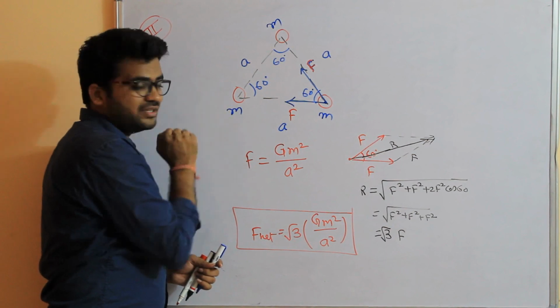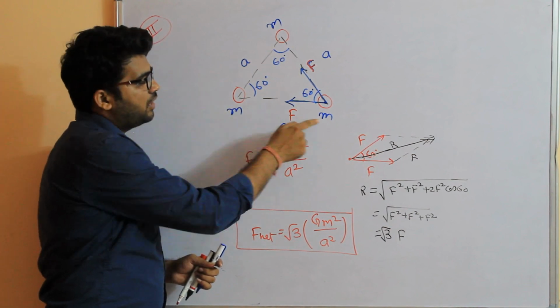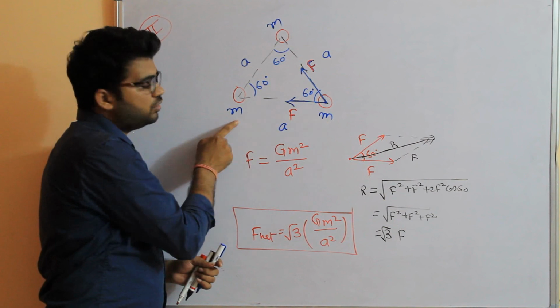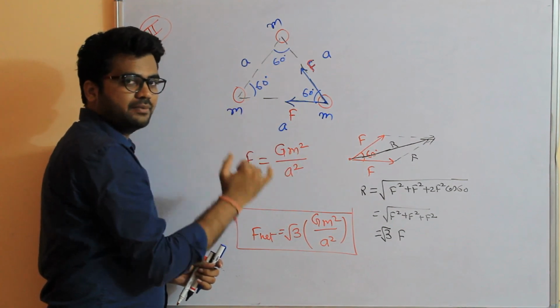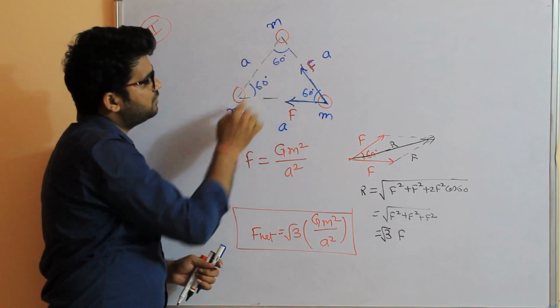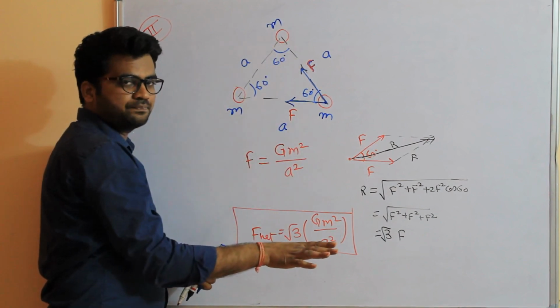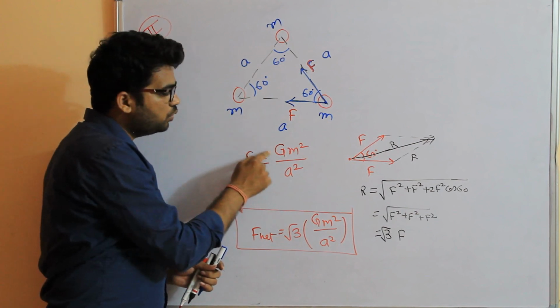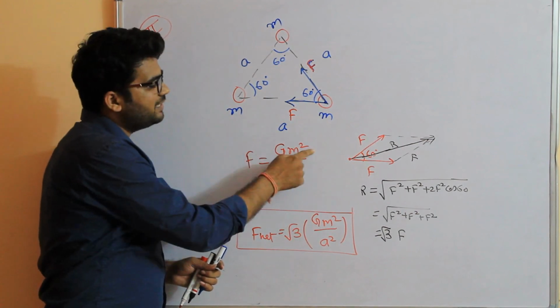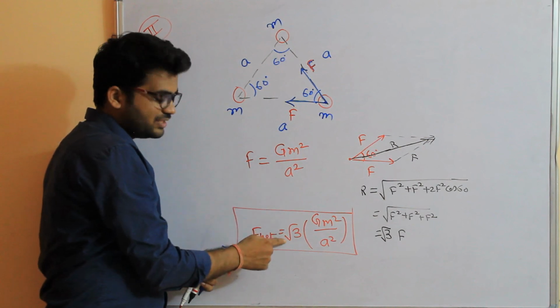So what is the difference between them? What is the difference now? Due to this small m on 2m is G 2m into m divided by A square. Likewise due to this, the force magnitude is the same, but over here only the value 2 will come. So 2 Gm square by A square. So what is the answer here?